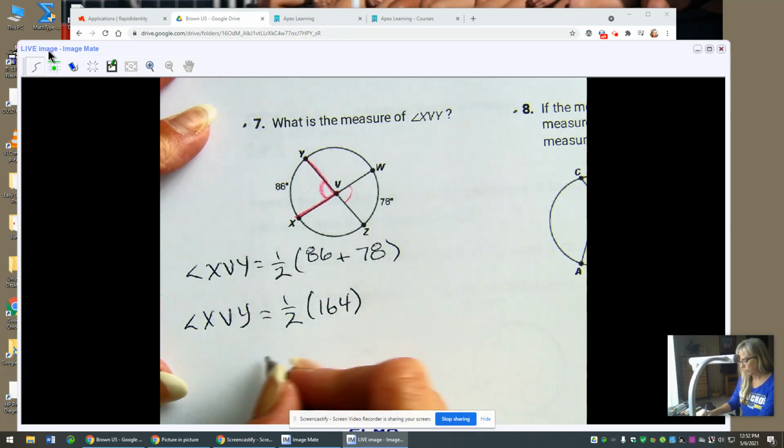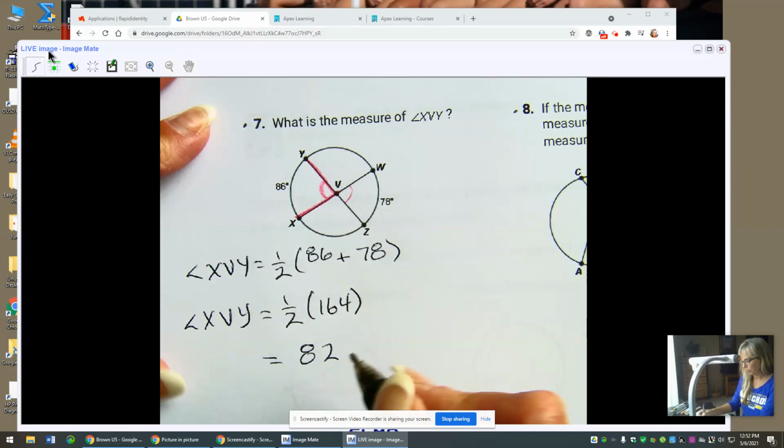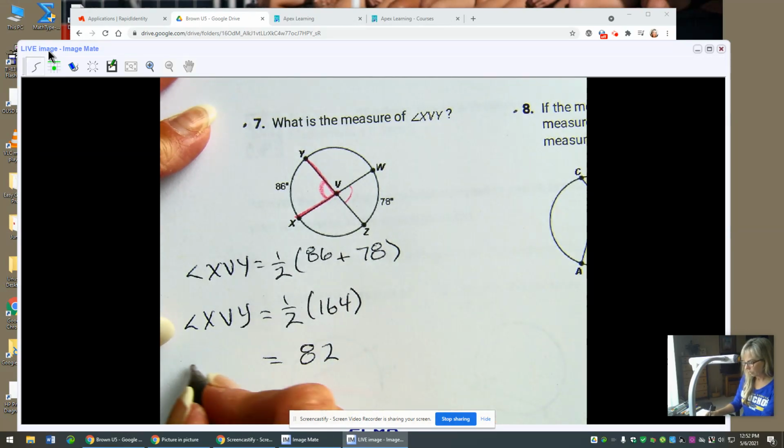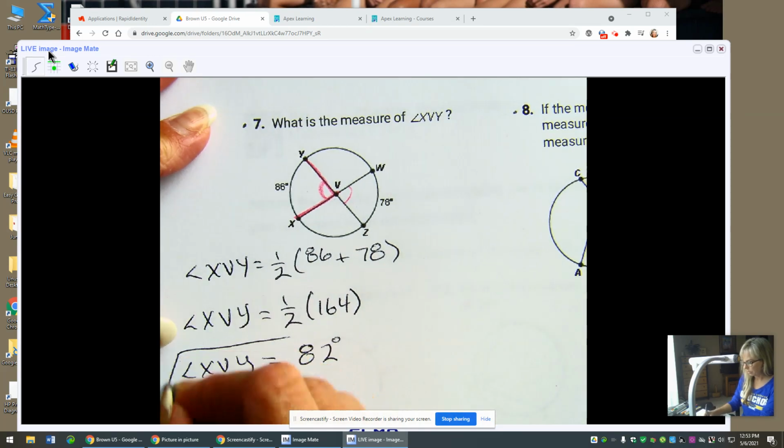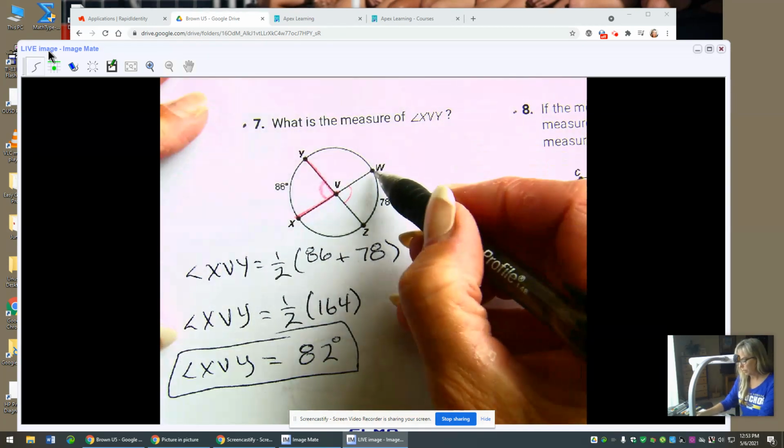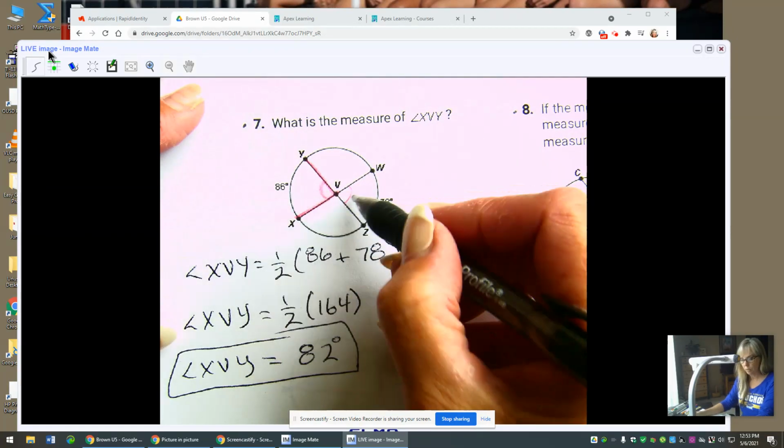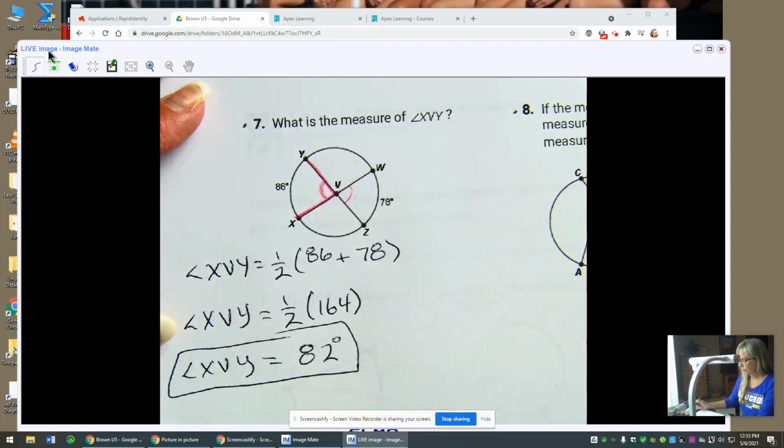Half of 164 is 82. Angle XVY is 82 degrees. And again, they might have asked us for this angle. They're vertical, so they are the same. Okay?